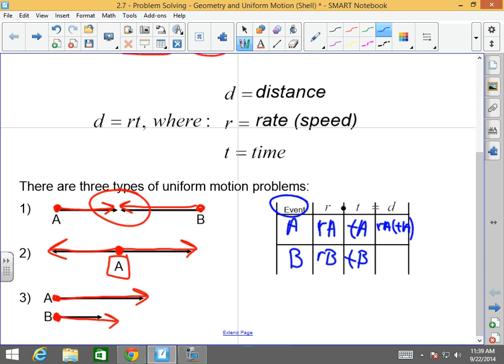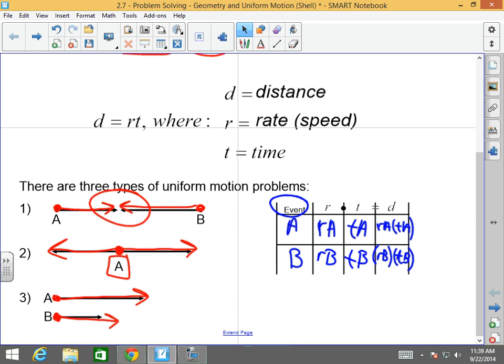And then the distance for event B is the rate of B times the time of B, and that would be my distance for event B. So please follow the table. If you use the table, I promise you, this is going to be very simple.